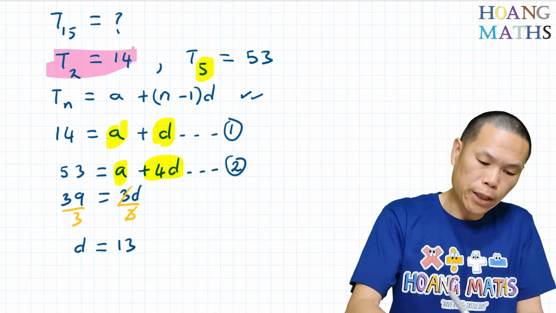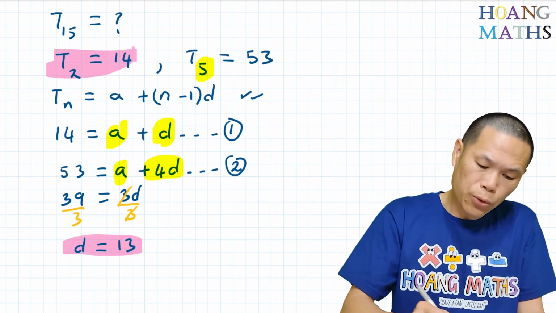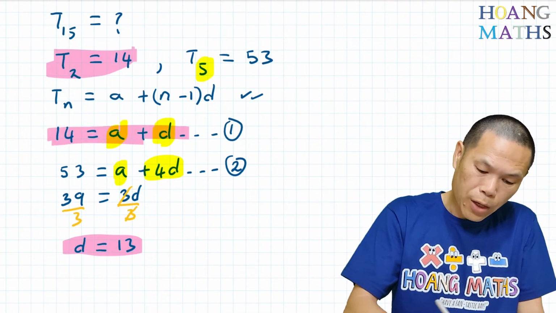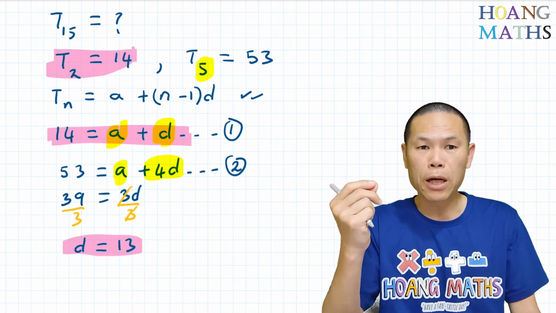Since we found d already, to find a, I just substitute d equal to 13 into equation number 1. Of course, you can substitute into equation number 2, but number 1 is simpler, that's all.